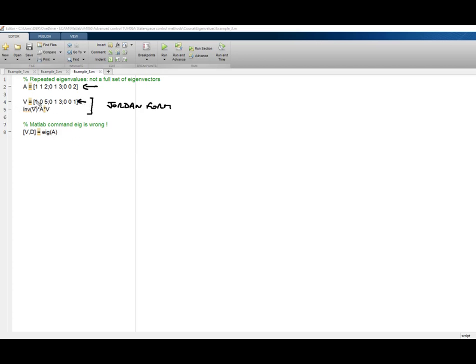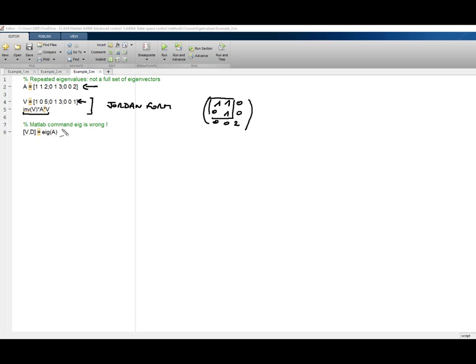How you find this V goes beyond the scope of this course, but you will see that when you do V^-1 A V, you'll obtain a matrix in a Jordan form, and you can see what this form will be, because you know that the eigenvalues were 1, 1 and 2. So you'll have a 1 over here, so you'll have a Jordan block over here, and all the rest will be zeros. So this is what we expect.